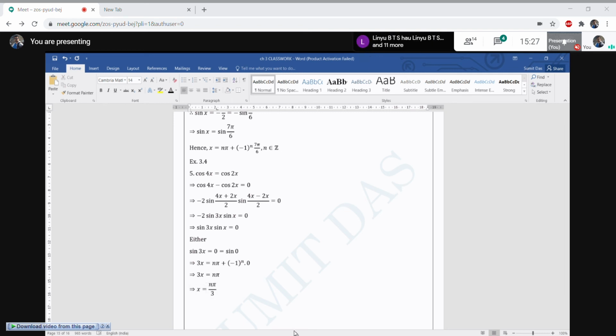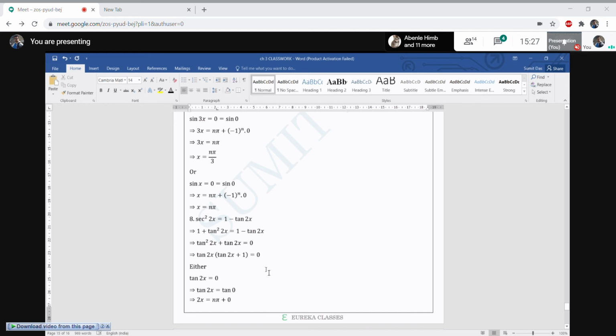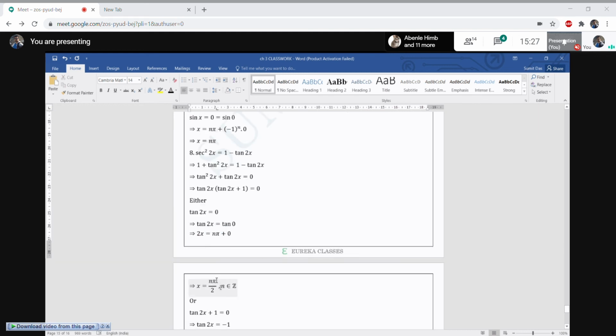Similarly, the other part, sine x equal to 0, will be the same as this, only here the value is x. Cos 1 I will try to give you where I have to find which formula, and you can do it by yourself also. This is the same as before.